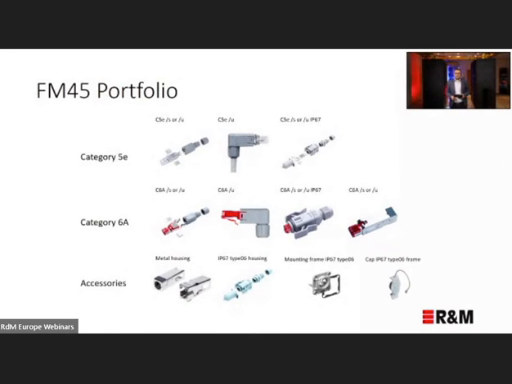The next slide shows the full FM45 portfolio. The standard plug can be fitted with a housing, which can, for example, increase the IP protection of our connector. We have some angled housings which can be used in installations too.